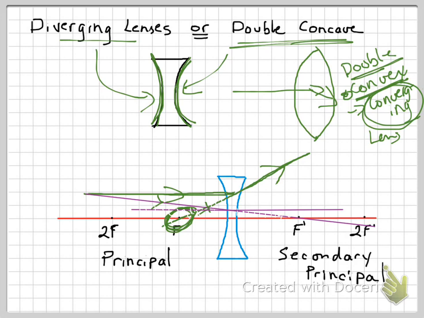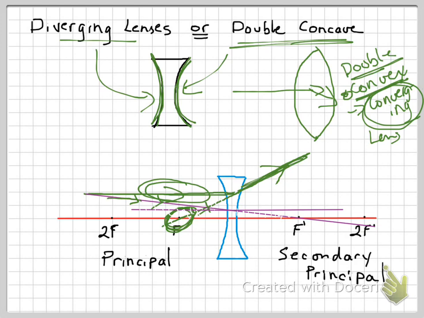So two rays. One ray is running parallel. It refracts in such a way that it will move back through the focal point. So this is the refracted ray. You would extend this line all the way back to the focal point on the same side as the image. The second ray is the purple line here. So you have your incident ray coming in.